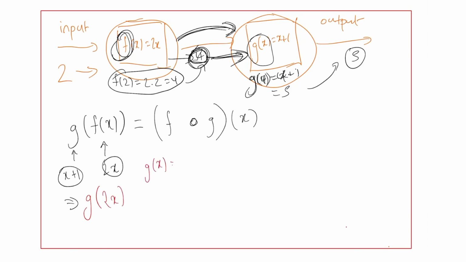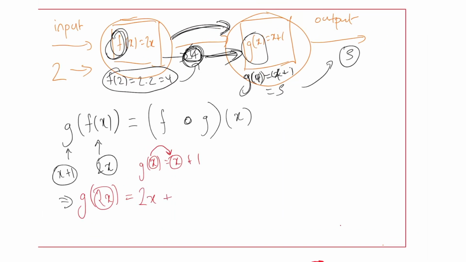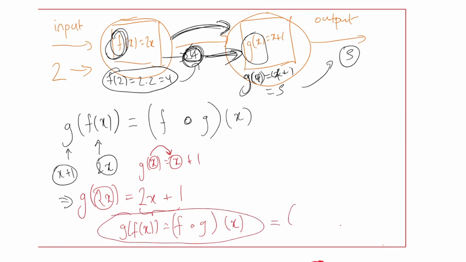And we know g of x is equal to x plus 1. In this case, we're plugging in 2x instead of x. So we would write 2x in the place of x, plus 1. And we have found our composite function. This is g of f of x. And we could call this whole thing just some function c of x.